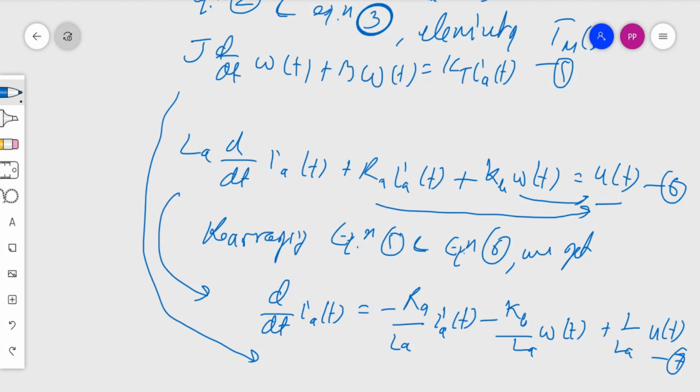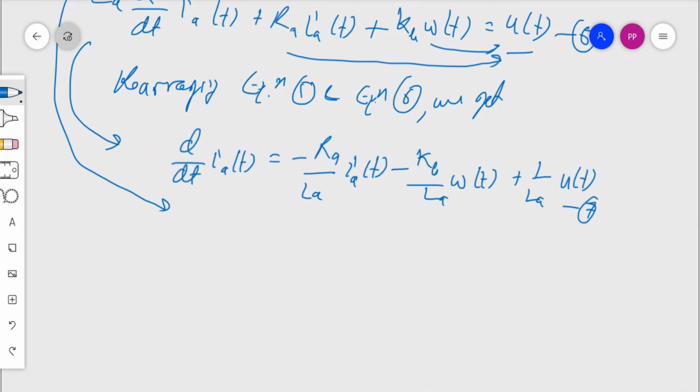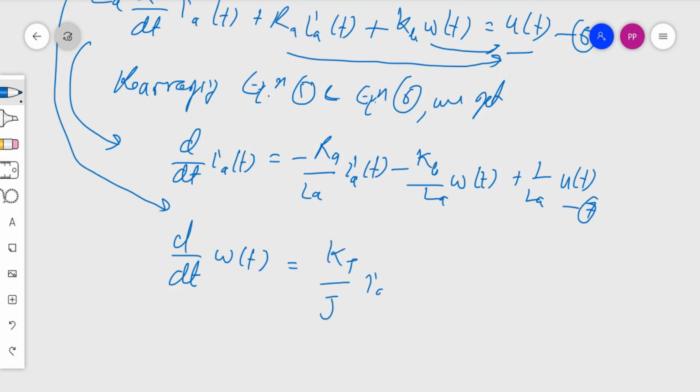After dividing by J on both sides and taking the non-derivative terms to the right hand side, I am able to construct the equation like this: d by dt of omega(t) equals Kt by J Ia(t) minus b by J omega(t). So this is equation 8.